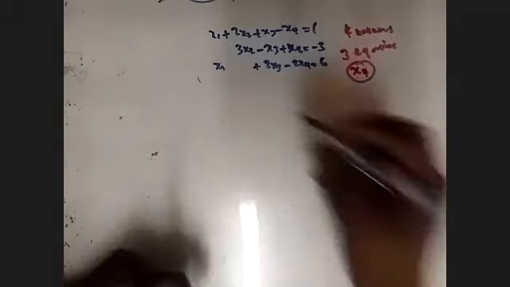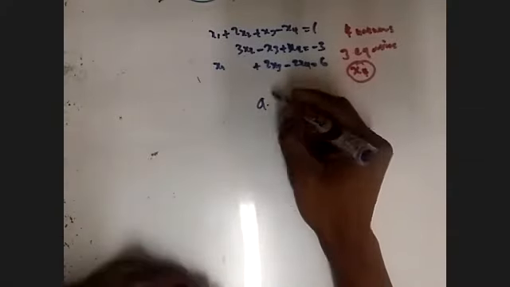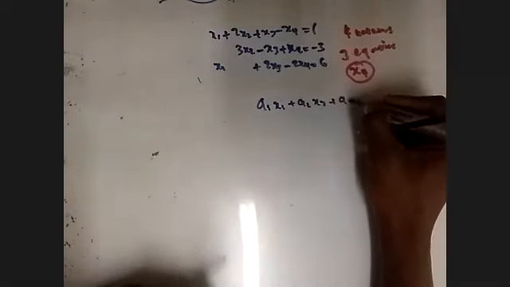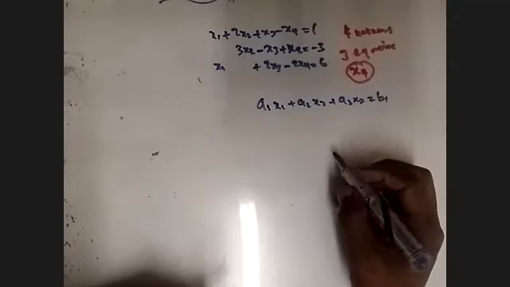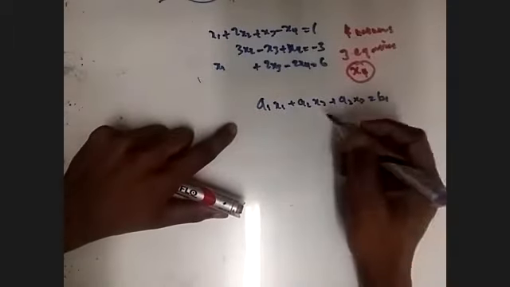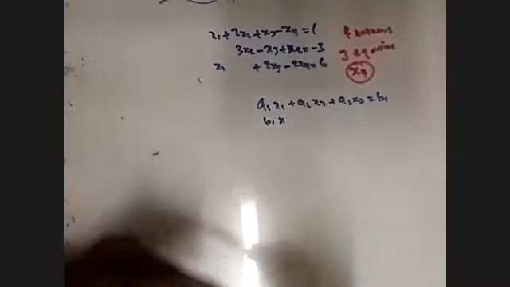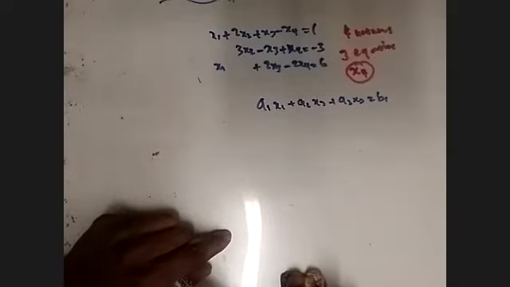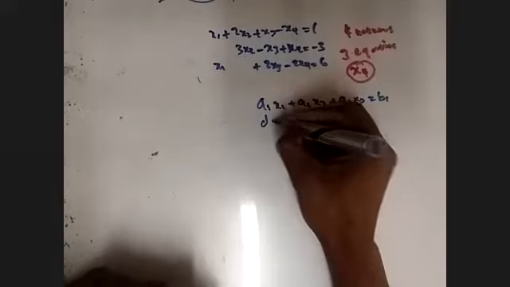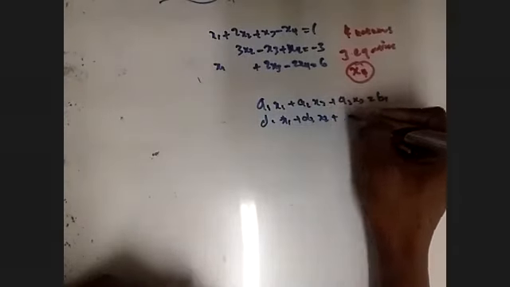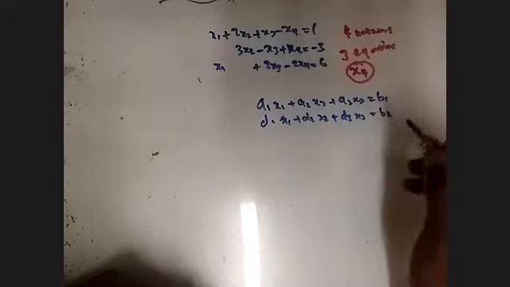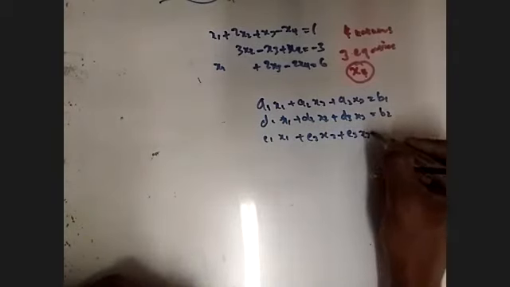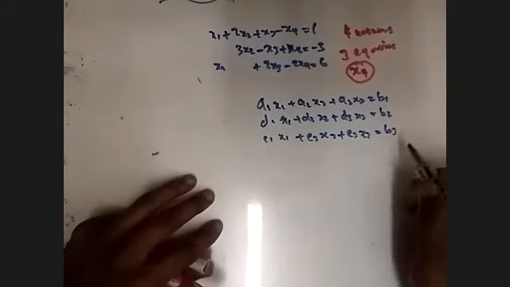Now, I want you to look at something. When you've got something like this, guys, the solutions that you're going to have here are all going to be with respect to the last unknown, x4 in this particular case. If I had a1 x1 plus a2 x2 plus a3 x3 equals b1, and then d1 x1 plus d2 x2 plus d3 x3 equals b2, and then e1 x1 plus e2 x2 plus e3 x3 equals b3.